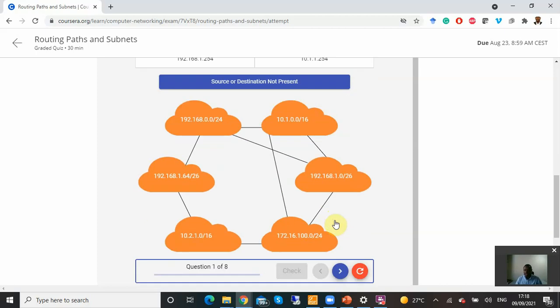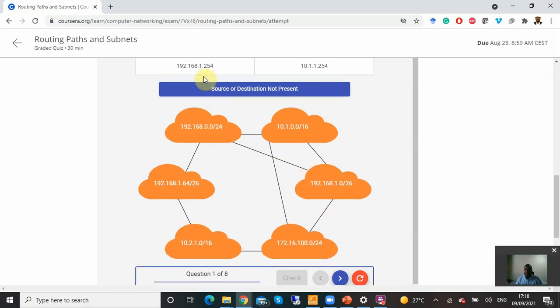This actually looks corresponding, but it is still not the correct answer simply because the last octet, which is the host ID of this, is 254, and this is 0. 254 is very far from 0.